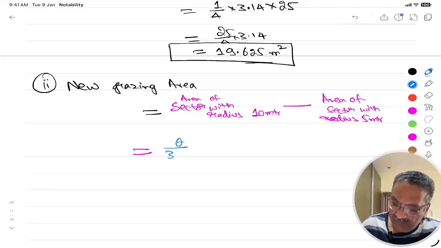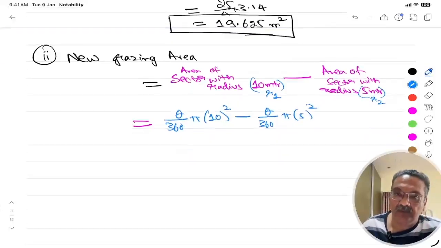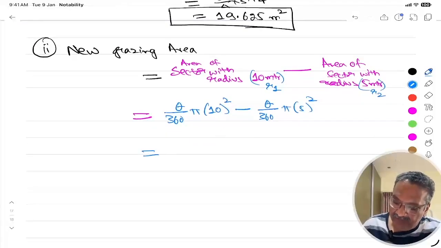Theta by 360 into pi. I will call this as R1 and I will call this as R2. So it is theta by 360 into pi into 10 square minus theta by 360 into pi into 5 square. I will take theta as 90 degrees, so taking 90 by 360 pi common, this will be 10 square minus 5 square.